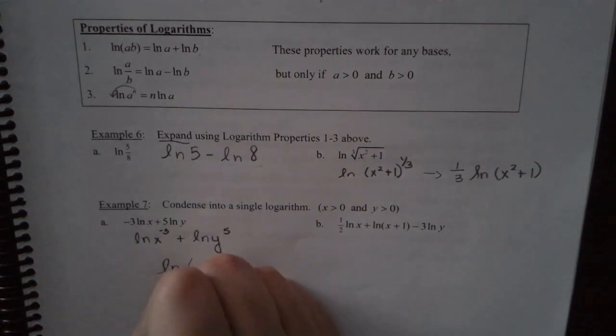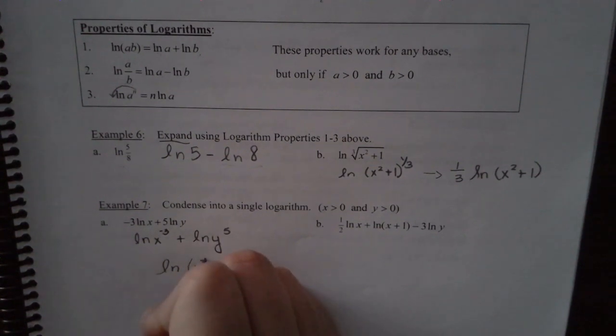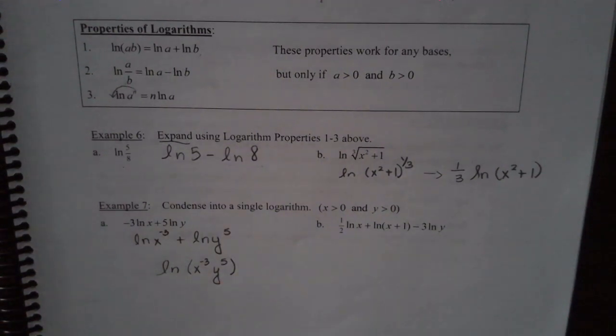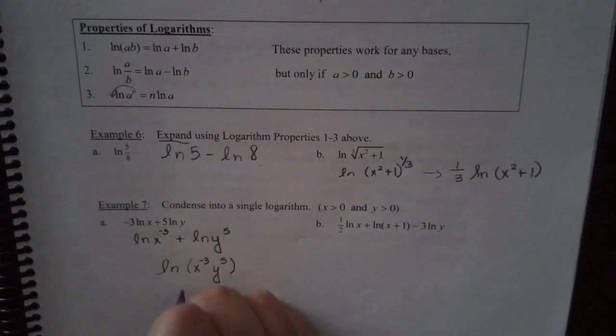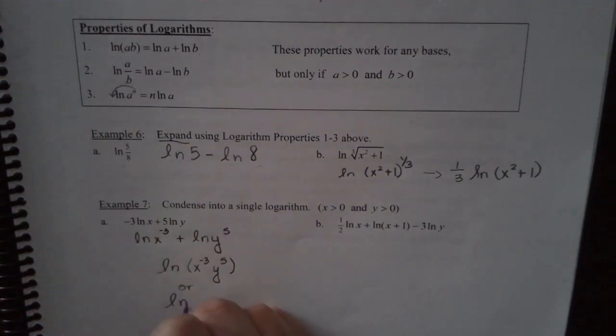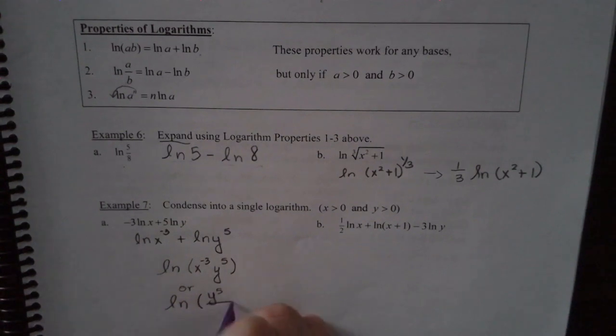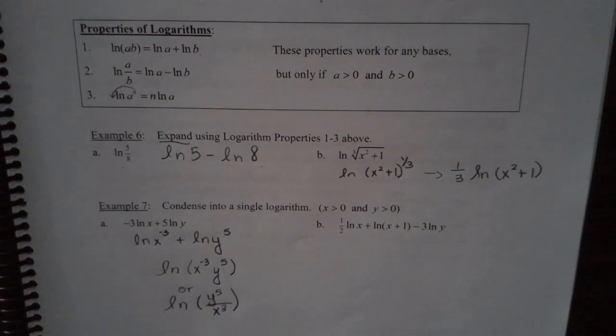So we would have x to the negative 3 times y to the fifth. You could keep that in this form, or as we know, negative exponents turn positive if we put it in the other area. So let's put that x cubed into the denominator. So either one of these is correct.